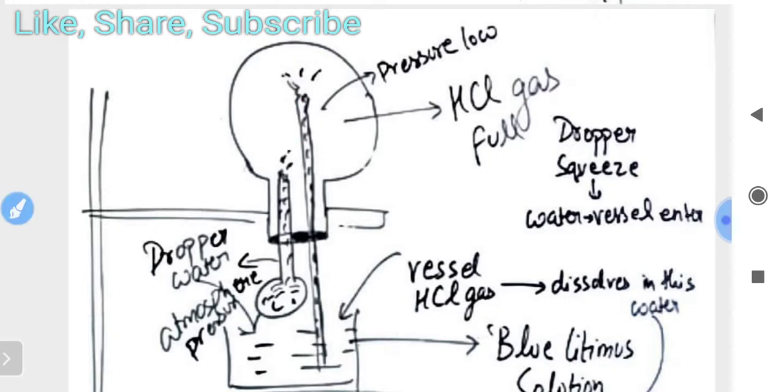You can understand the solubility of HCl: 1 drop of water can capture or dissolve about 700 ml of HCl gas. So that much solubility is found of HCl gas in water.